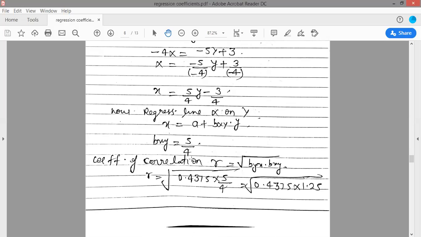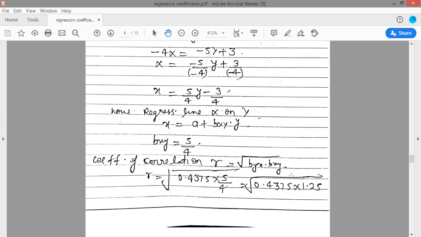And the formula is r is equal to square root of byx into bxy. So why are we finding byx into bxy? Because there is no data given, and we need to calculate our coefficient of correlation. As I told you, the coefficient of correlation is the geometric mean of the regression coefficients.